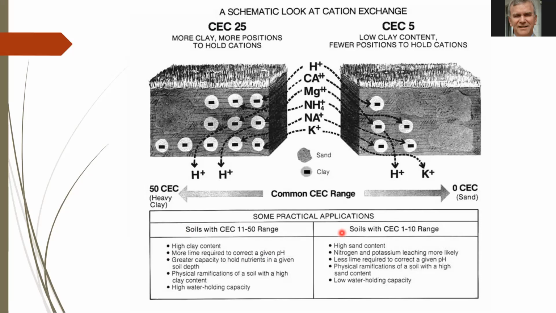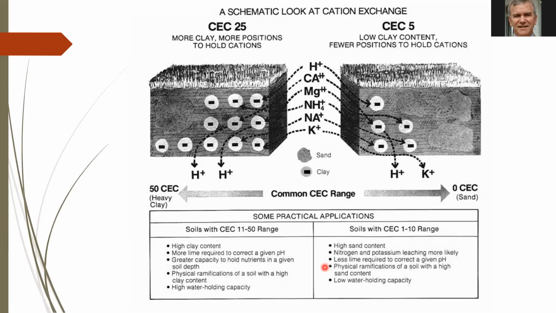Nitrogen and potassium leaching is more likely. Less lime is required to correct a given pH. So this gives you a measurement of soils in the form of cation exchange capacity, which is a regular feature on a soil test result.